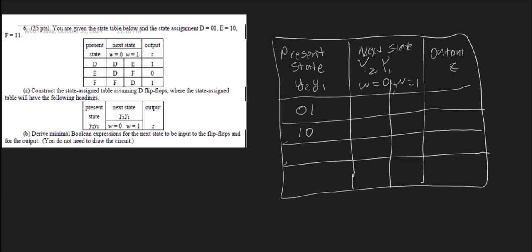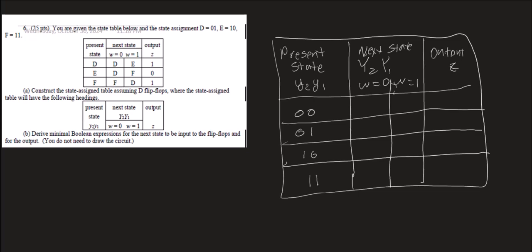You know what we're missing is 0, 0. D is 0, 1, E is 1, 0, F is 1, 1. So 0, 0 is not one in here, but that is a possibility just in terms of the numbers. So we have to put it in. We have to put in all possibilities.